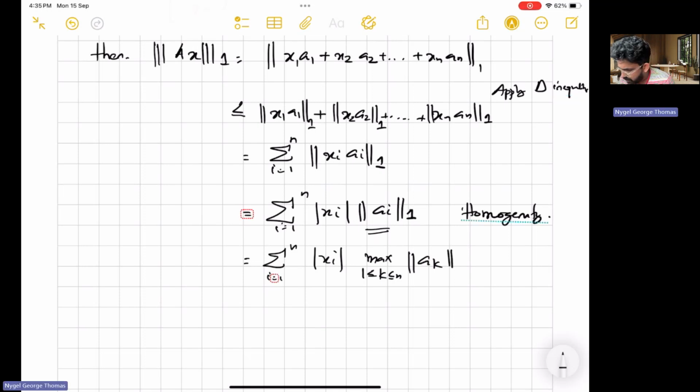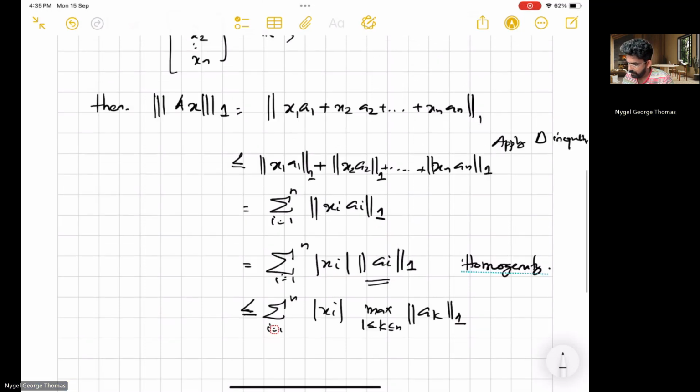We replace ai with ak, where k is the index of the maximum. This will be a less than or equal to inequality, right? Now, this is a constant. You can take it outside.